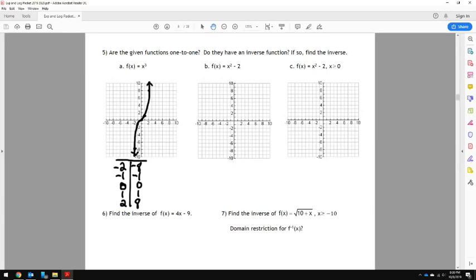Well, looking at it, you can tell that it passes a vertical and a horizontal line test. So to show you, if I was to draw lines this way, it only crosses once. If I was to draw lines horizontally, it only crosses once. So that means that this is a 1 to 1 function.